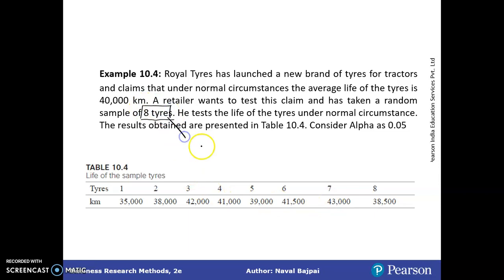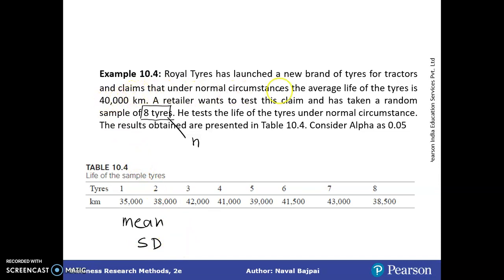These are the different values for the 8 tires. So 8 tires is our sample size, that is n. The life has been calculated for all 8 tires. For these values, we can calculate the mean and the standard deviation of the sample.